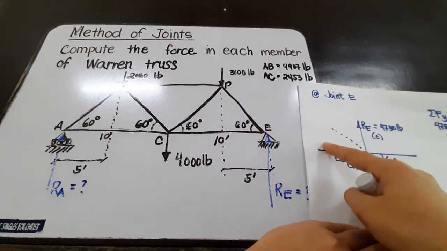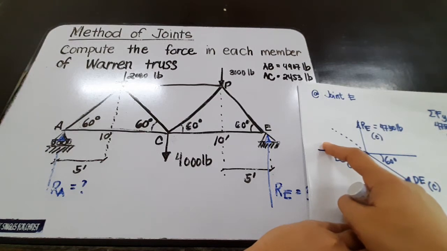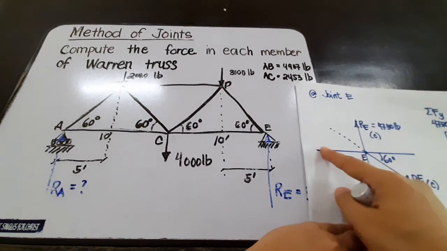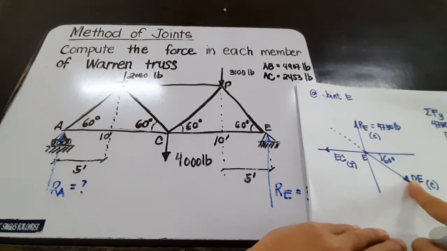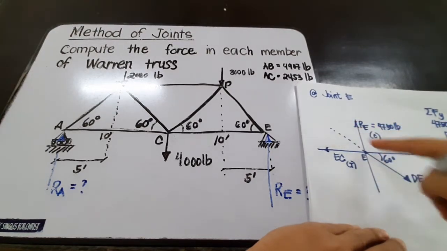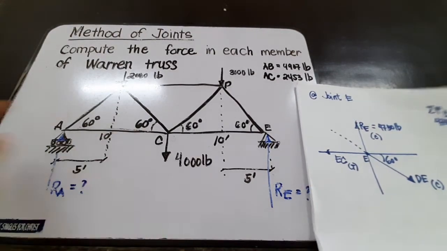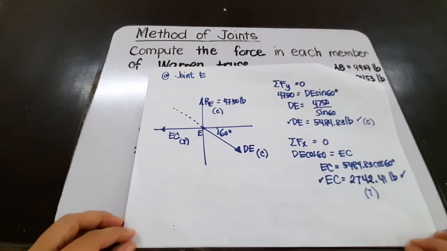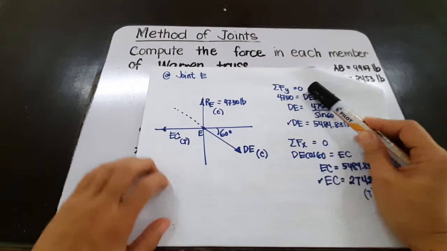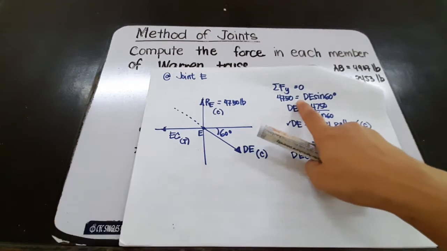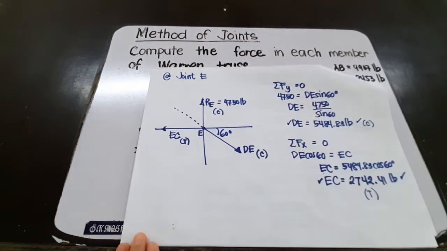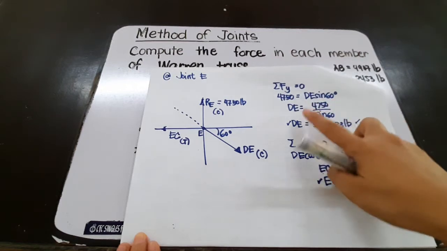So we have this. In order for the free body diagram to be in equilibrium, there should be a force somewhere in the lower right. So instead of drawing DE in quadrant 2, we draw DE in quadrant 4 so that the body will be in equilibrium. We now solve for the summation of forces along the y-axis, and we have 4,750 equals DE sine 60.